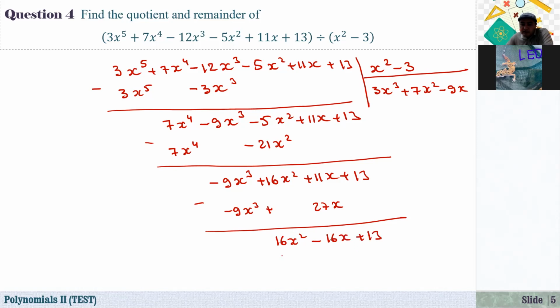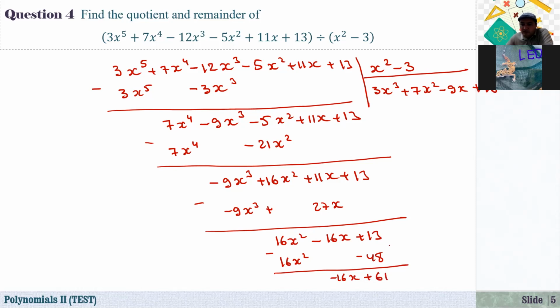Still we can divide this. 16x squared is divided by x squared, that's equal to plus 16. And 16 times x squared, 16x squared, and the minus, actually it is minus 48. Now if you subtract, here we have minus 16x and 30 minus 48, that's equal to 61.